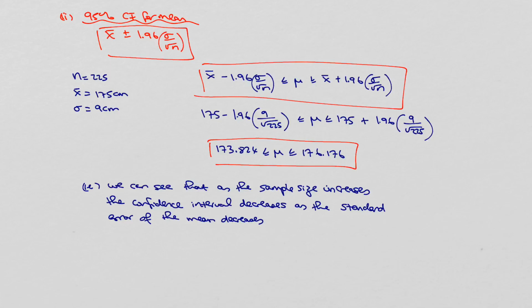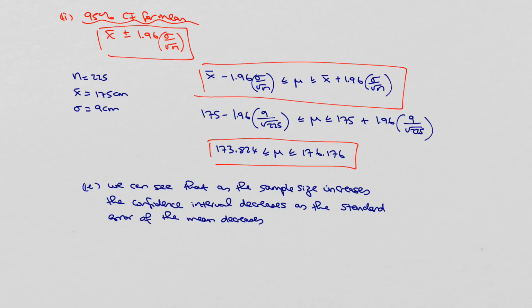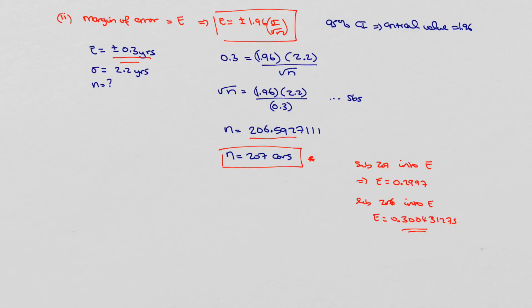Okay, so you can see we have 173 to 176, whereas we go back from 173.53 to 176.47. So just marginally smaller.